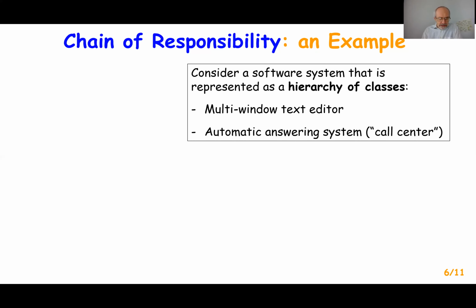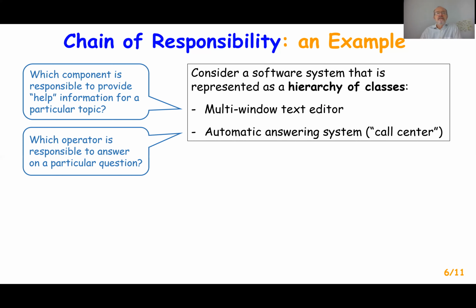Okay, and what can we say about such systems? Well, imagine a multi-window text editor. What do we see there? A lot of windows presented simultaneously all together on the screen. For example, we need to get some help from this text editor. The obvious question is, which component of that text editor is responsible for providing help to you?